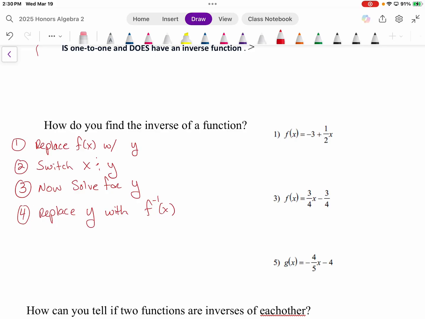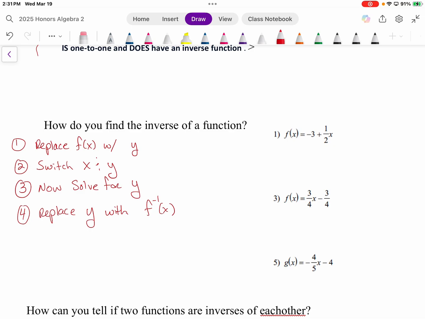It's the notation we use for inverse function. And you're going to see it in your homework problems as you're doing stuff today. So you want to make sure, okay, what does f to the negative 1 mean? It means the inverse function. What's coming next after the equal sign stands for the inverse function of some other function. That's the notation we use. So those are our steps.